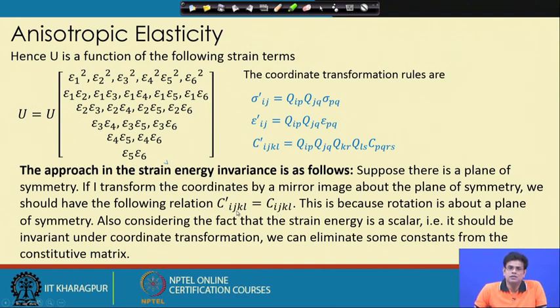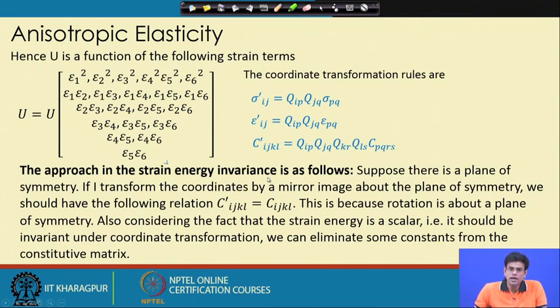As the strain transforms, the constitutive relation will also transform. So there will be two different constitutive relations in two different coordinate axes, and these will be equal because of the reflection about a plane of symmetry, and also considering the fact that strain energy is a scalar. So it should be invariant under coordinate transformation.